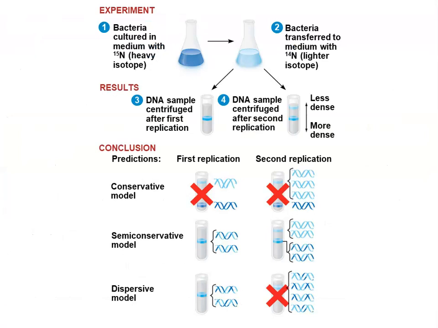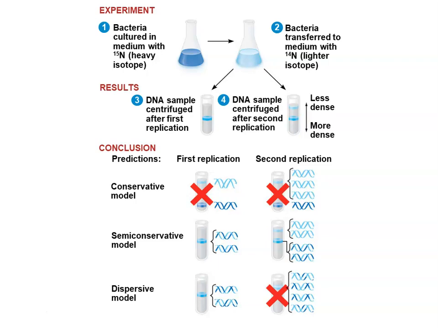So there you can kind of see you had your original DNA with the heavy isotope, and then after it was replicated, you had one band, showing that you had a blend of that heavy isotope with the lighter isotope. With the second replication, because now you're taking each of those strands and replicating, you've got two strands that are made solely from that lighter isotope and two strands that are blended.